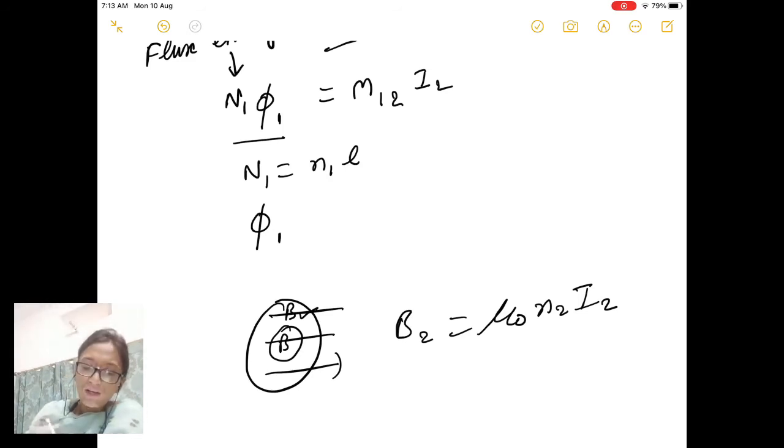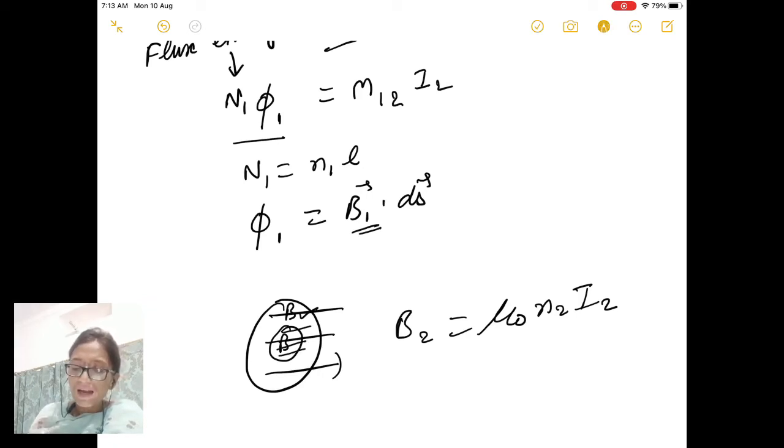And flux through the inner solenoid can be written as B1 dot ds. Magnetic field through the inner solenoid B1 is the same as B2. There is no change. The same field is flowing outside, the same field is flowing inside.